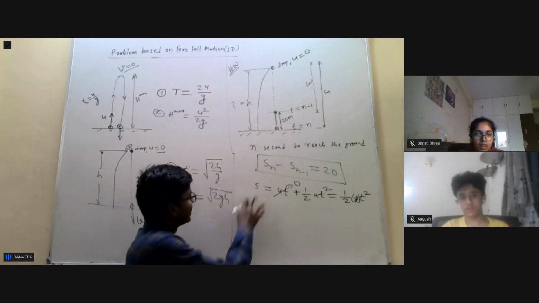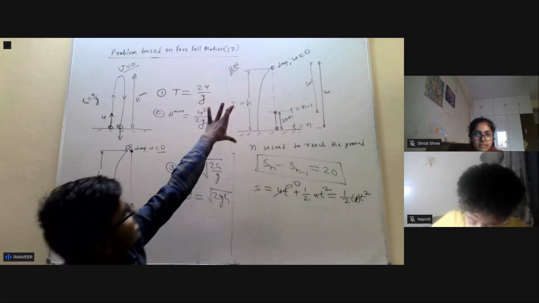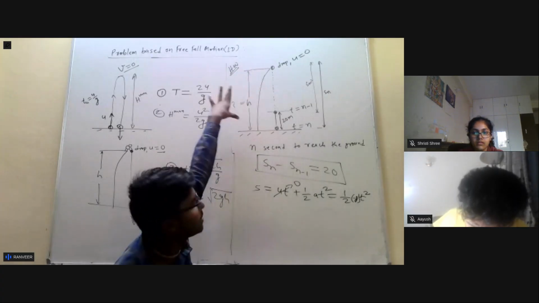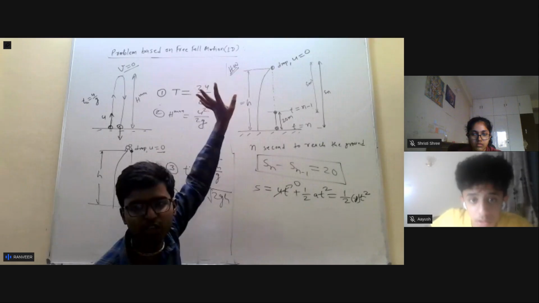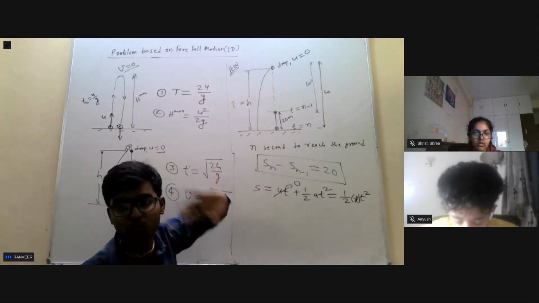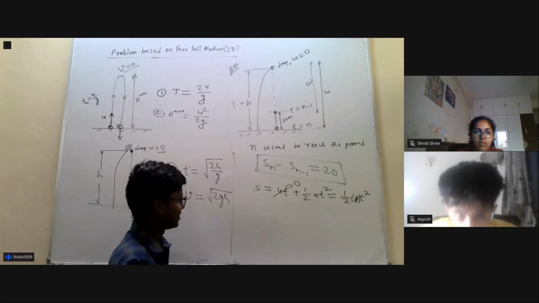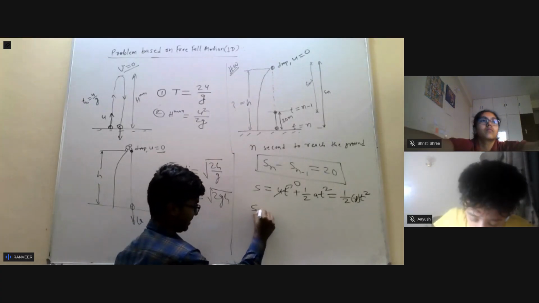But if you see here, I'm just subtracting the distances, how much distance traveled minus how much distance traveled. So we are not going to bother about the minus or plus. What we calculate is the net, so we'll directly take the positive. So what is Sn?